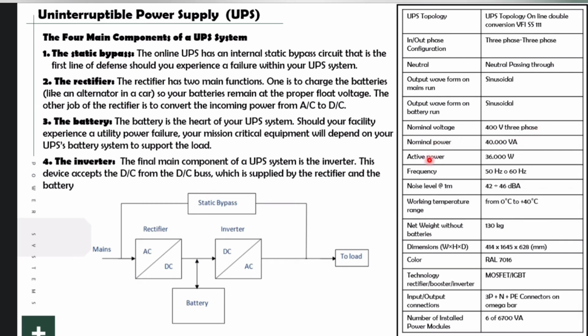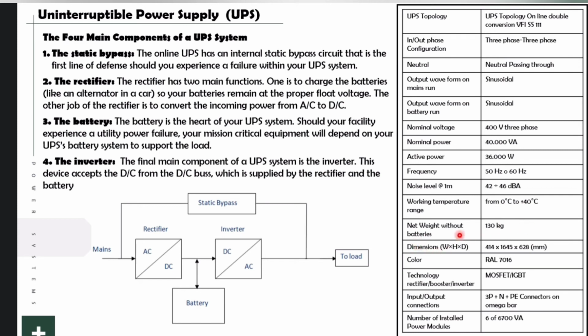And the nominal power in volt-ampere, 40,000 volt-ampere or 40 kVA, and the active power also in watt, and the frequency, whether it is 50 or 60 hertz, and the noise level in decibel, and the acceptable working temperature range from 0 to 40 centigrade.